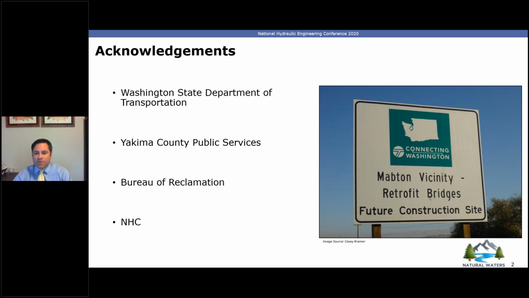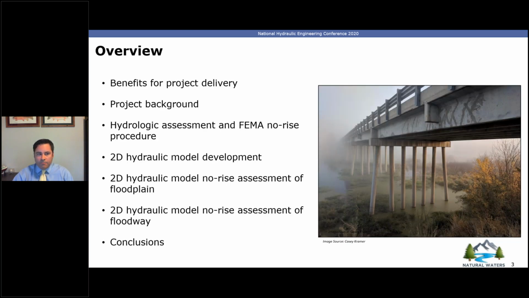The Bureau of Reclamation also was a huge contributor. They had performed a significant amount of topographic and bathymetric data collection, and were willing to share all of that. Combined with the great WSDOT survey crew, that allowed for a modeling domain of over 4 miles long and about 2 miles wide. So a lot of data. And finally, the NHC Olympia staff assisted with this project.